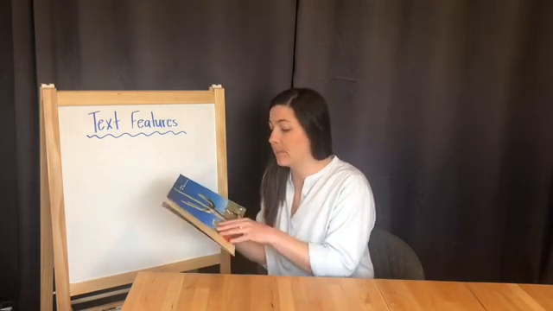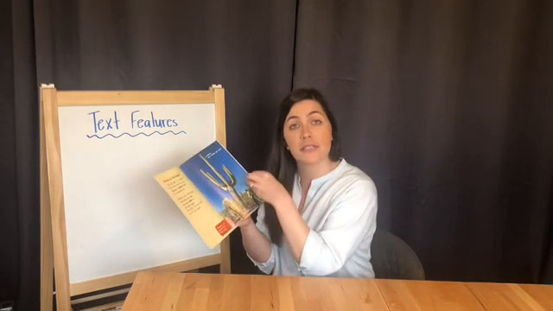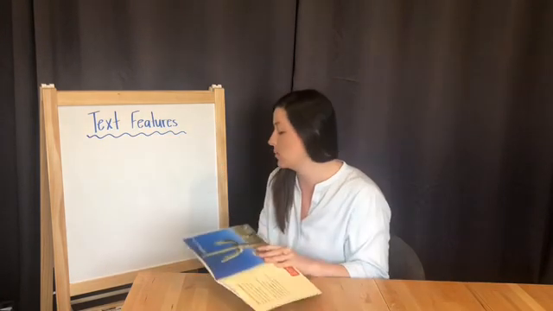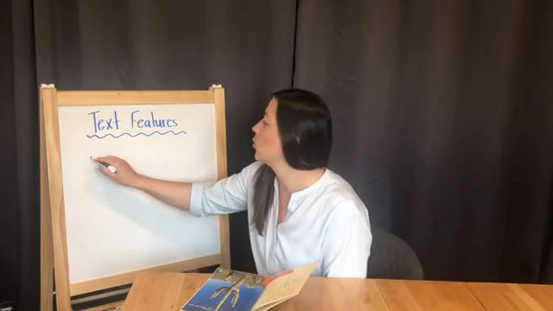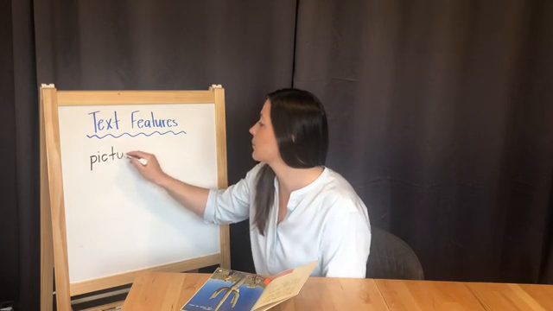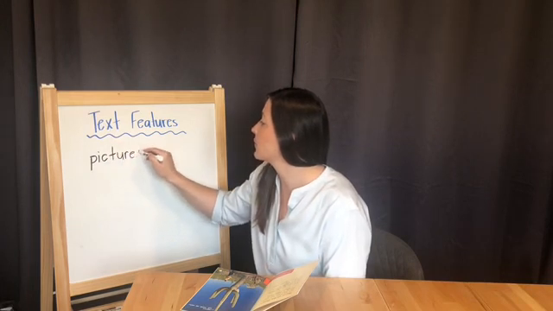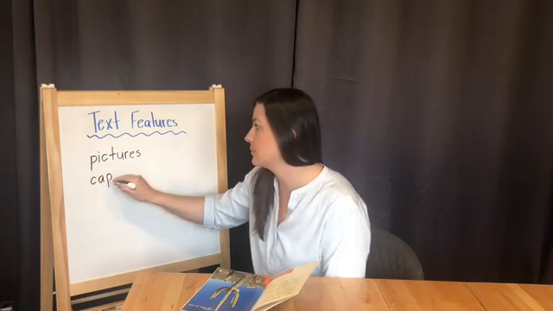Those help us understand. There was also the captions. The captions are the words that describe the picture. So we have photographs or pictures. And then the captions that describe the pictures.